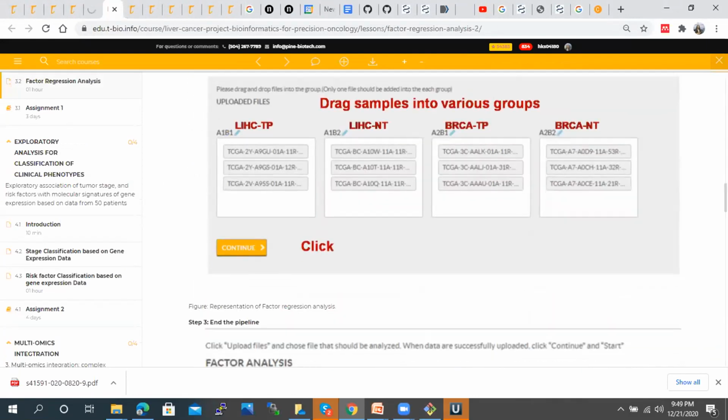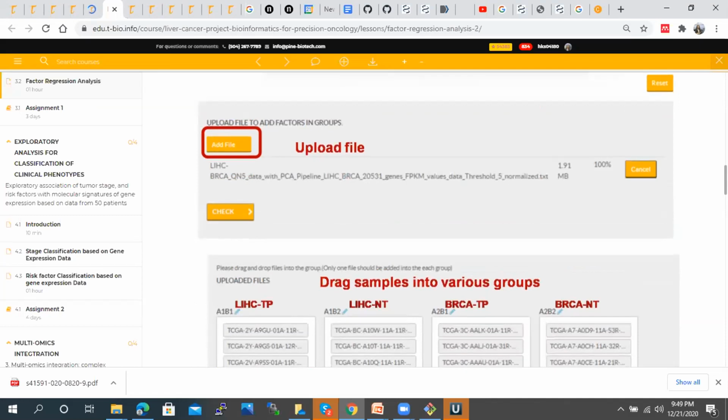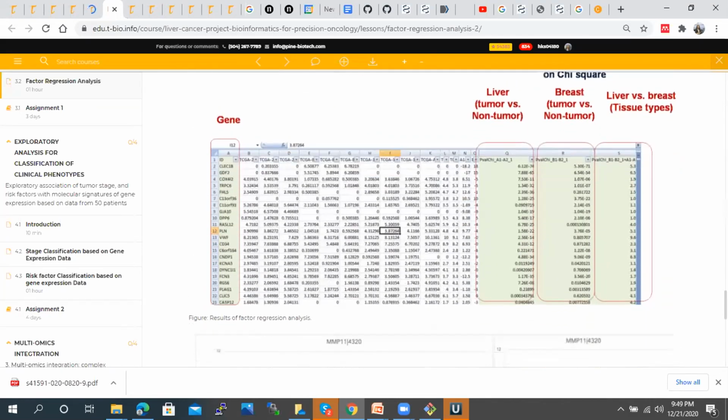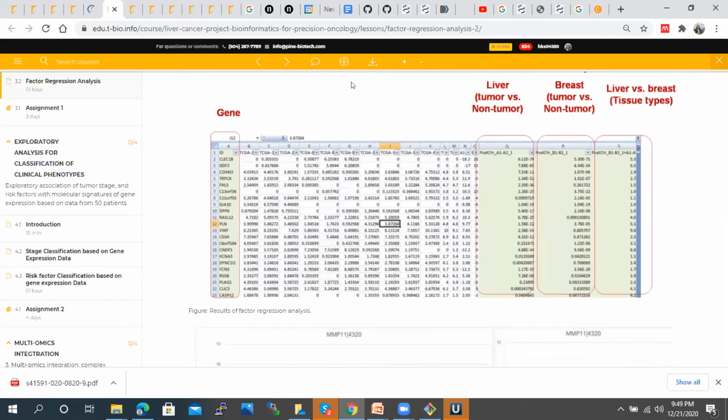Here we have first explained exactly how we perform this analysis. Then we have tried to identify which genes are significantly associated with the breast cancer, liver tumor, and the breast tumor, and which genes are significant only in the tumor versus the non-tumor samples. Those kinds of analysis we have done, and then identified the signature genes.